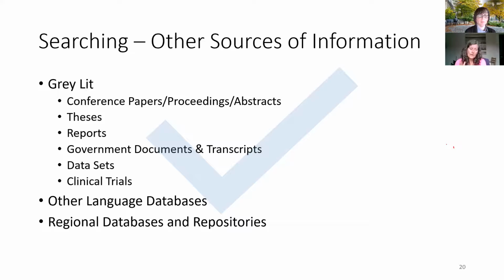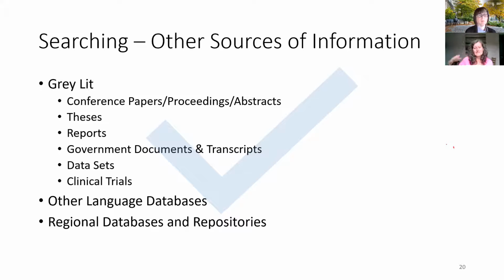So the gray literature, for example, we list here, these ones are often found in databases, but government documents and reports, for example, or data sets, you may have to go outside of the specific databases to go directly to websites, especially the government or industry sites, to find reports. That's also called hand searching in the systematic review process.